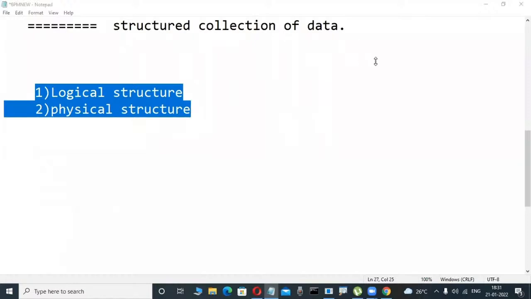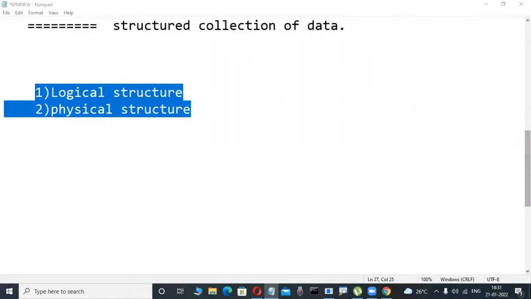What is physical structure? Some are telling logical structure means logical structure, physical structure means physical structure only.